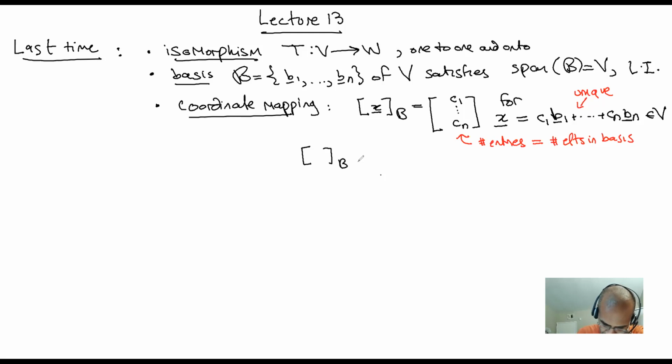Let me actually draw a diagram. The picture is that there's a vector space V. It has a basis, or we've chosen some basis of n vectors.